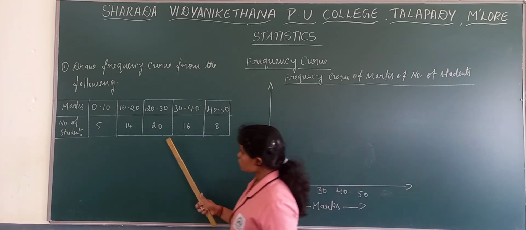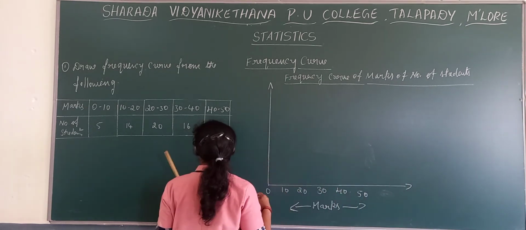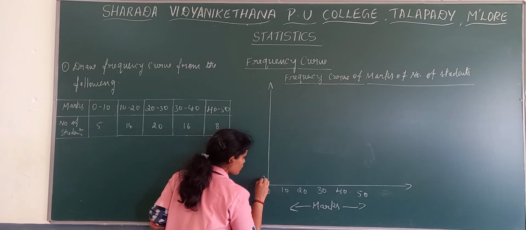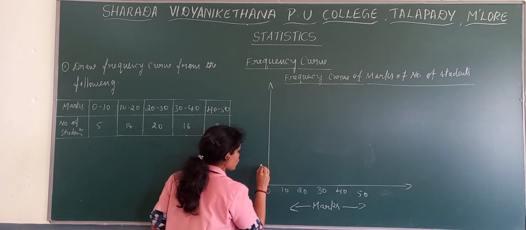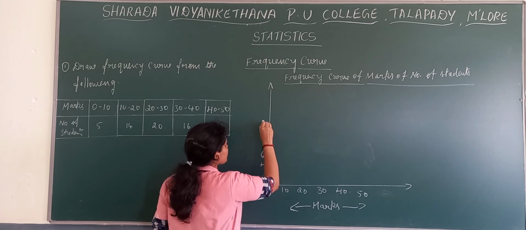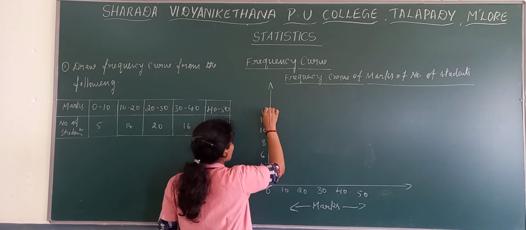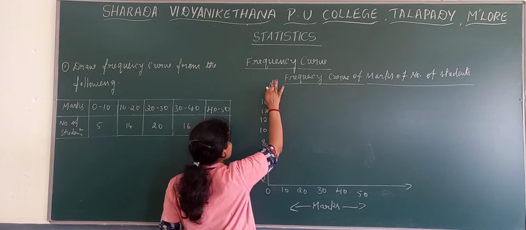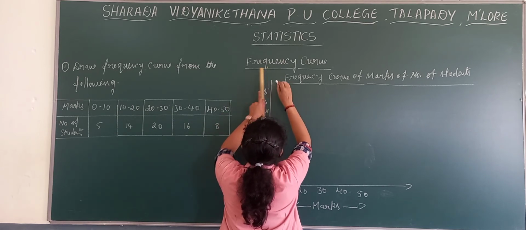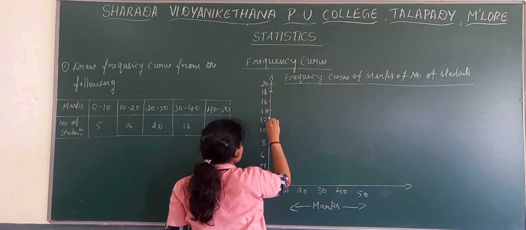Here the highest we get is 20. Here we can go with 5, 10, or else 2, 4 also. We go from 2, 4, 6, 8, 10, 12, 14, 16, 18, then 20.